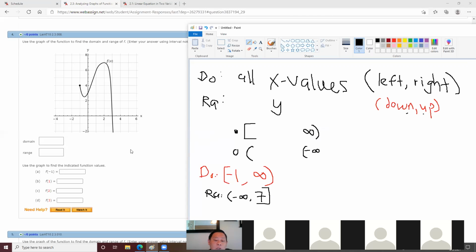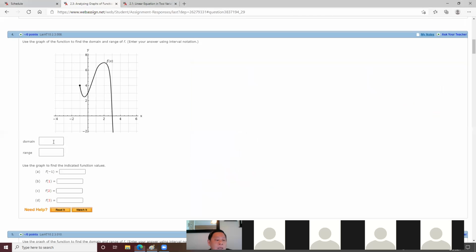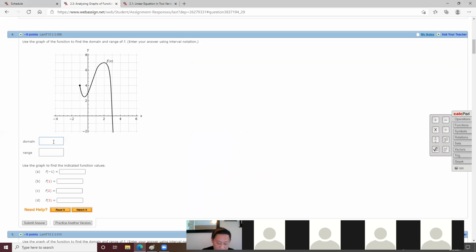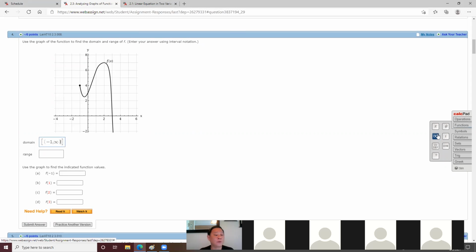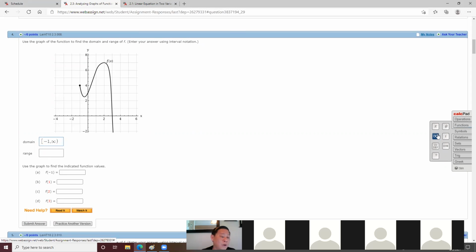Now, how do you put this in your homework? This is a bracket, -1. For your infinity symbols, you have to go under Symbol here, and then click infinity, and make sure you close your parentheses. Don't open. So make sure you have an opening bracket and then a closing parenthesis.